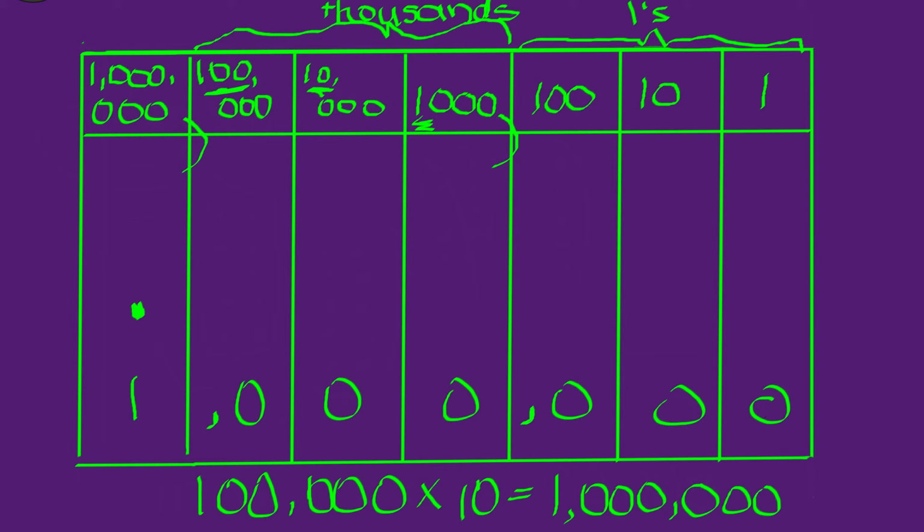So the pattern on your place value chart is always 1, 10, 100. 1, 10, 100. So over here, it would be 1 million, 10 million, 100 million. Then you would go to billions, 1 billion, 10 billion, 100 billion. And it would keep going forever and ever. But we're going to stop at the millions place in the 4th grade. So the pattern is 1, 10, 100, 1,000, 10,000, 100,000.